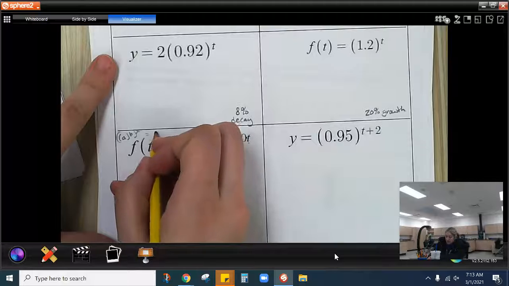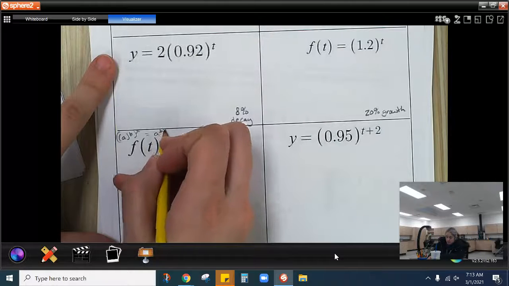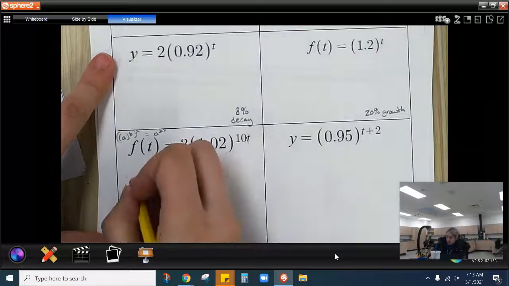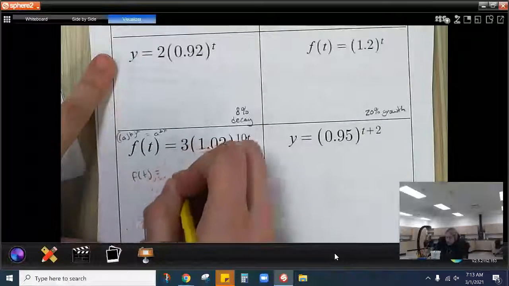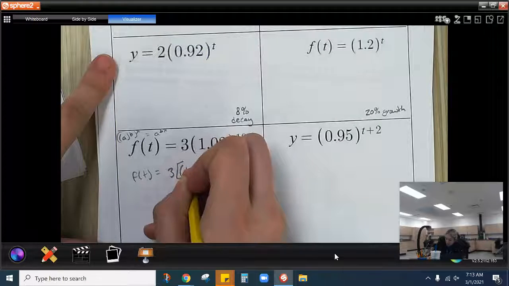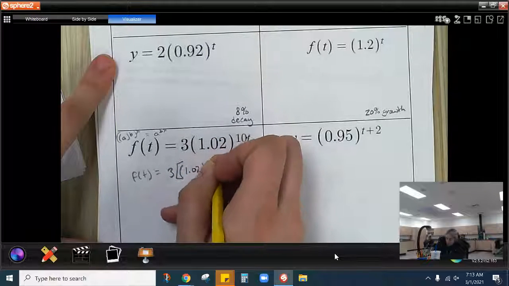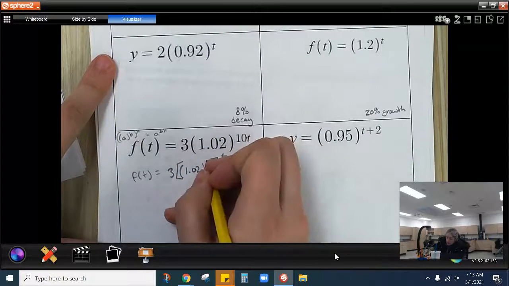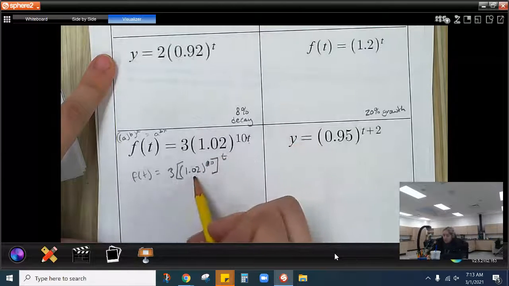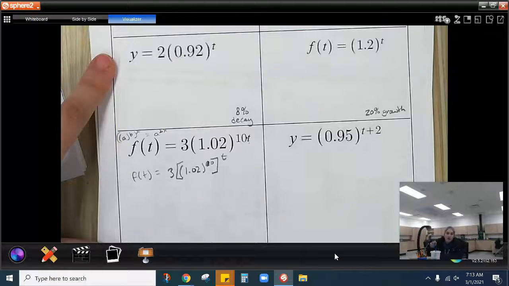And then that would get me a to the bx. So I'm going to undo that. So to undo it, I'm going to turn it into parentheses 1.02. I'm going to leave my t out here, and I'm going to move my 10 inside. All right? So it's going to be 1.02 to the 10th power, all of that raised to the t power.